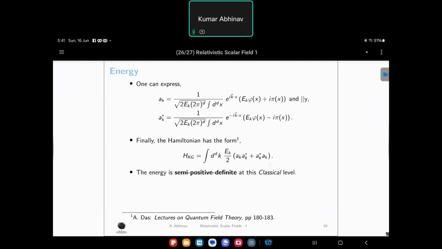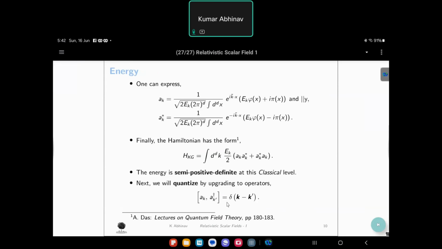Now, to achieve complete quantization, we have to upgrade these a and a star quantities to proper operators, or we have to define some quantization condition between them, namely something like this. Once we do that, the second quantization is complete. And you can notice this is the harmonic oscillator quantization condition, nothing more to it.